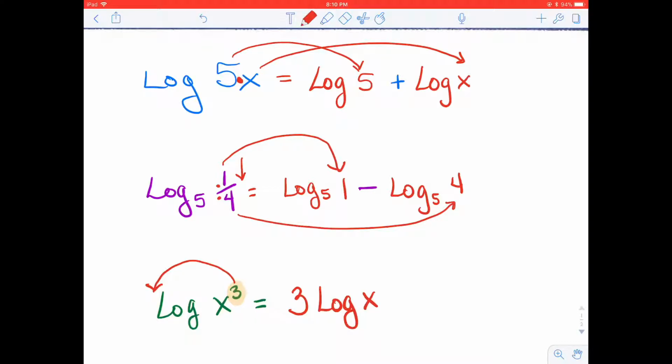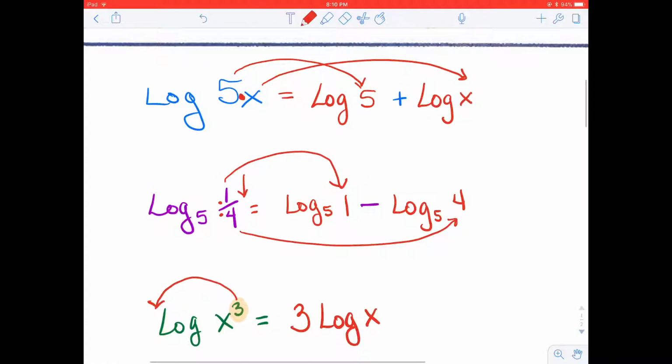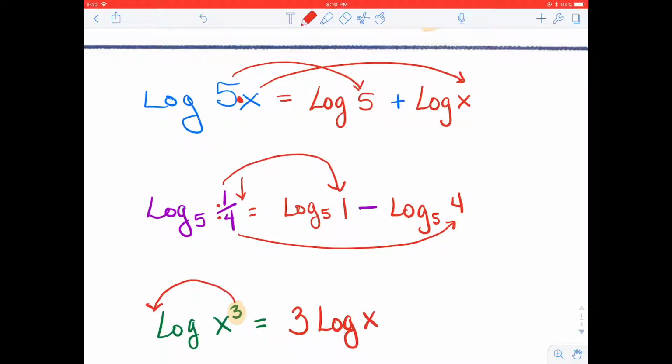Now when you go to do your assignment, it may be written a little bit different, at least when you're seeing multiplication. So we're just going to look at how that might look in your assignment, but the steps are the same. So let's see.